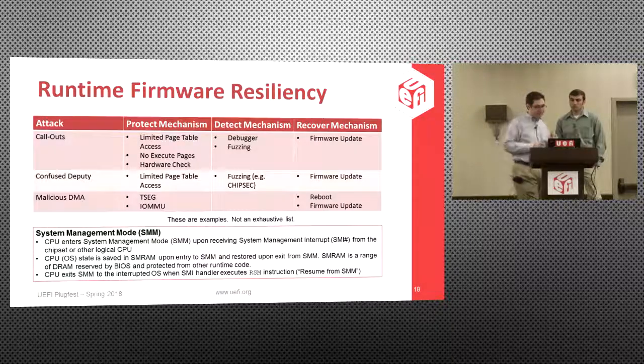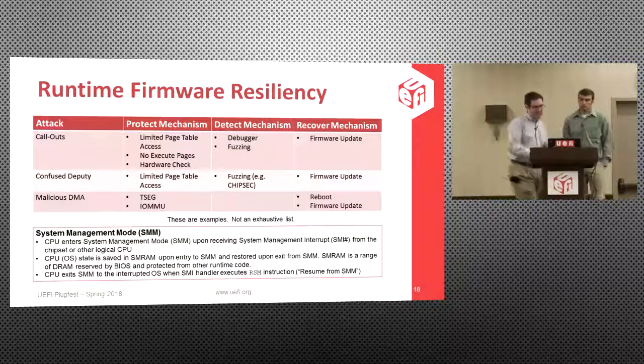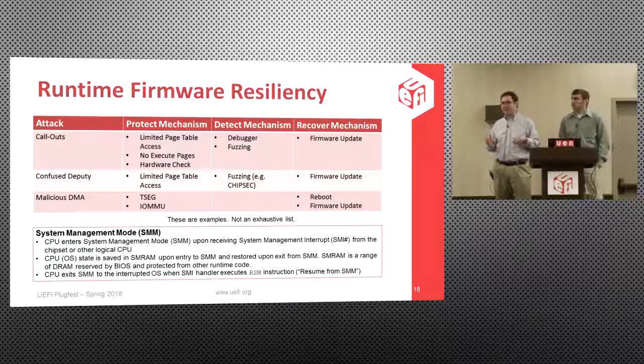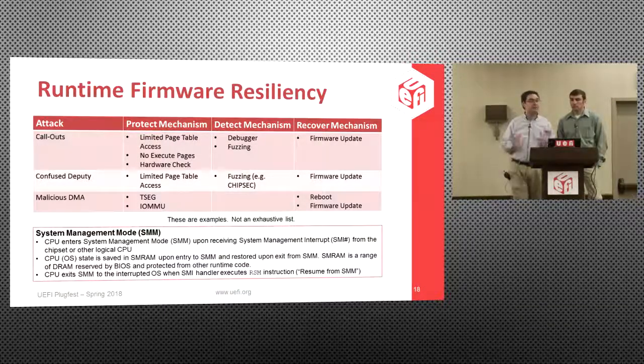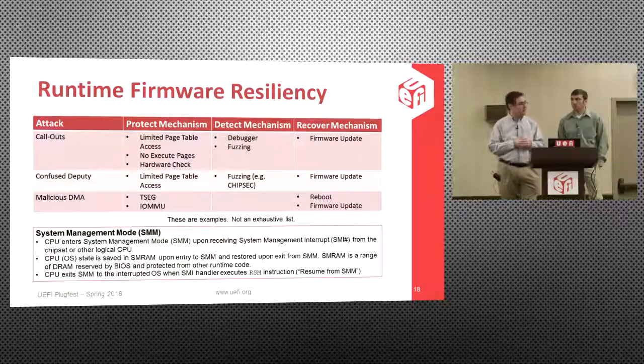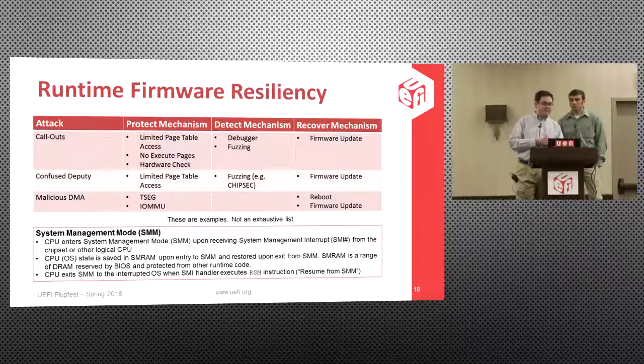So from a protect mechanism perspective, part of that is making it so that if you ever do that, it's not going to work. You don't map pages, you use some sort of page table protections. In this forum a few years ago, we talked about no execute page permissions to be used for that sort of thing. There's a hardware check that Intel has.